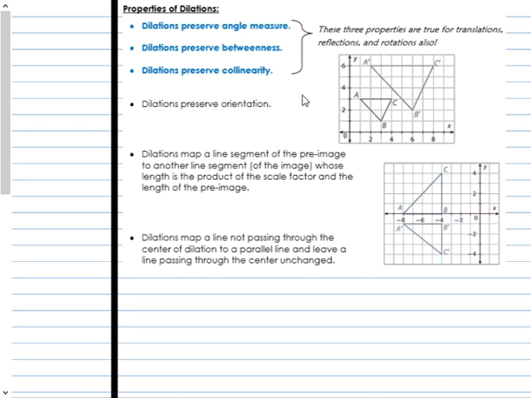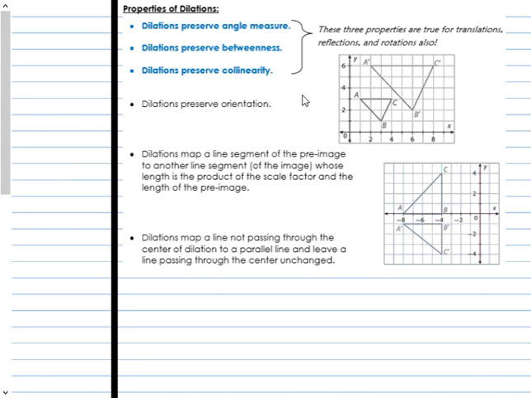A couple of properties, and I'm going to go over these, but we won't discuss them a whole lot. They're just out here for you to see. Dilations preserve angle measure. So if angle A was 45 degrees, angle A prime is still 45 degrees. The angles do not get bigger or smaller. The second point is that dilations preserve betweenness. If it was between, it's still between.